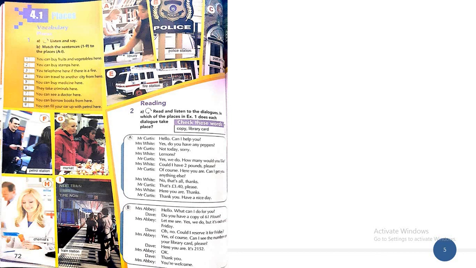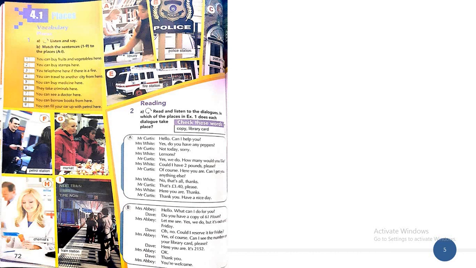C. Post office. D. Hospital. E. Fire station.